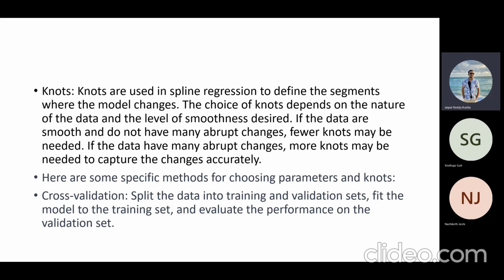Here are some specific methods for choosing parameters and knots. The first one is cross validation: splitting the data into training and validation sets, fitting the model to the training set, and evaluating the performance on the validation set.